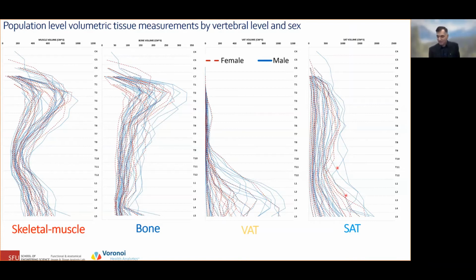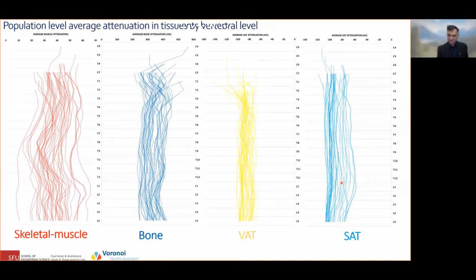But we can now showcase the enormous variability in these measurements in the whole CT image across the body as a result of these kinds of technologies. This is the attenuation in these tissues by vertebral level, the marker of function, so to speak. There are not any distinct patterns here, but again, you can see the variability in tissue attenuation in skeletal muscle. Some individuals have very low skeletal muscle attenuation, some have very high.